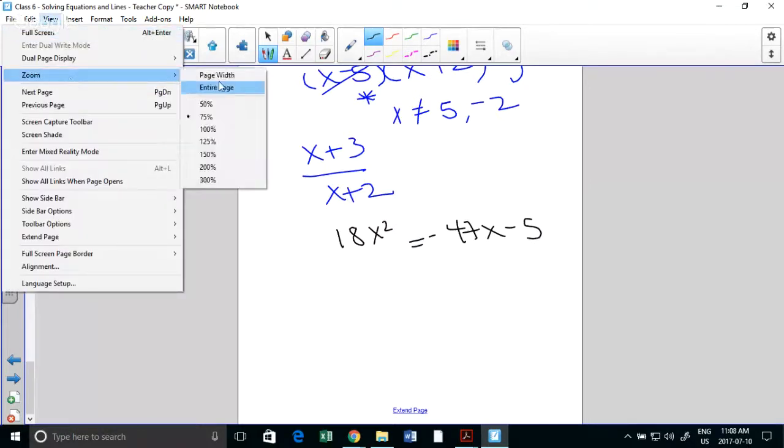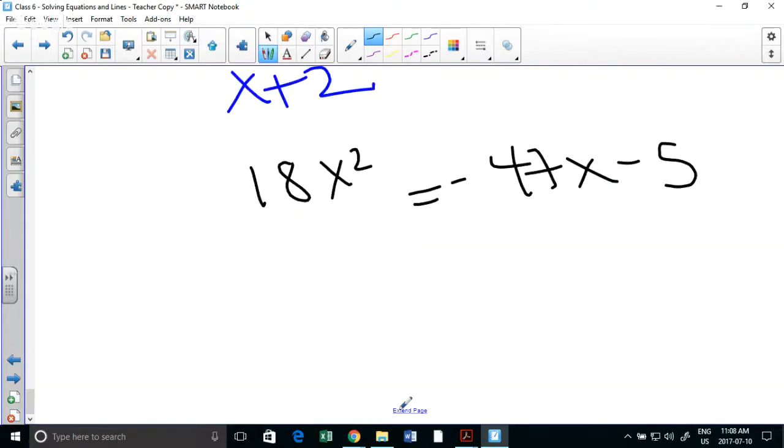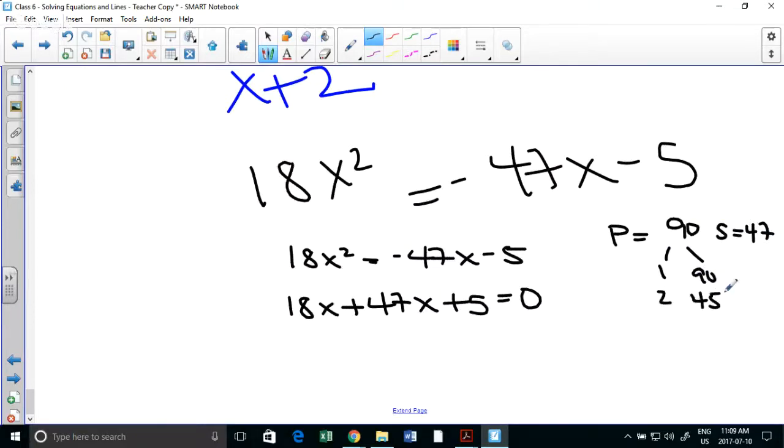So I move everything to one side. Equals 0. My product is 90. My sum is 47. So you could go all the way through, but you're going to end up using 2 and 45.